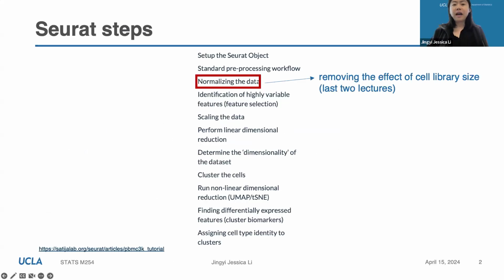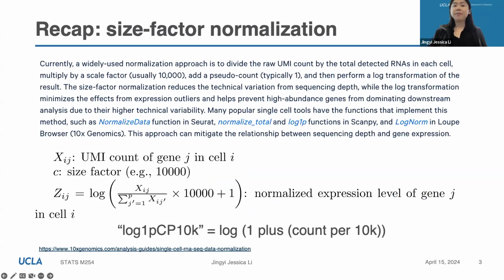So following our past 2 lectures on normalization, here the key is that we want to remove the effect of cell library size. So we want the cell library size to no longer have an effect on our data. And as a recap, this is the default option in Seurat called the size factor normalization.